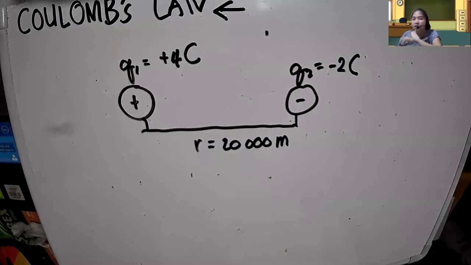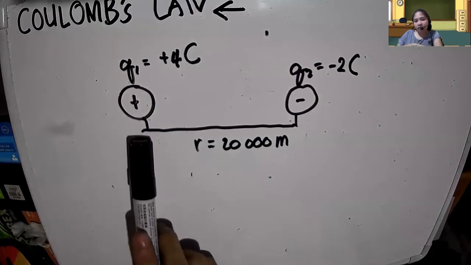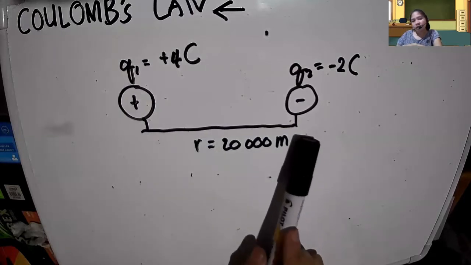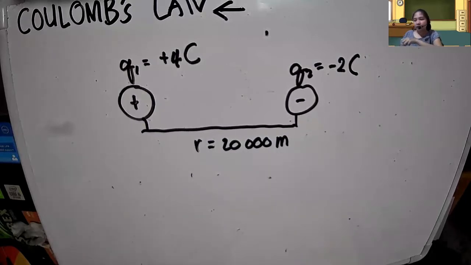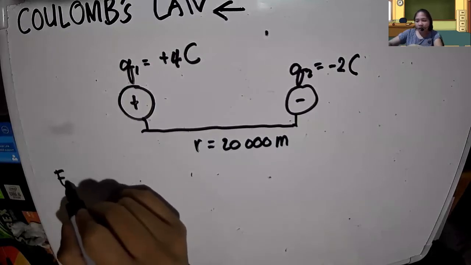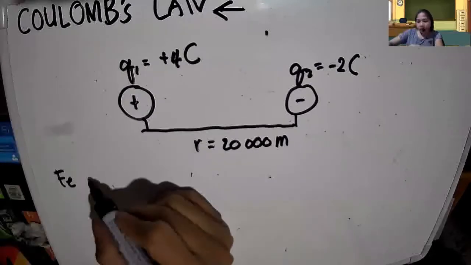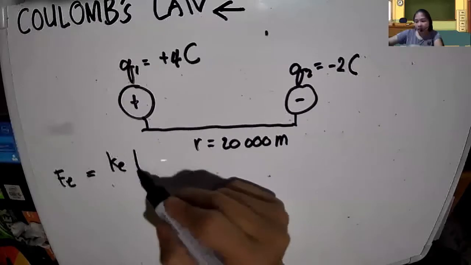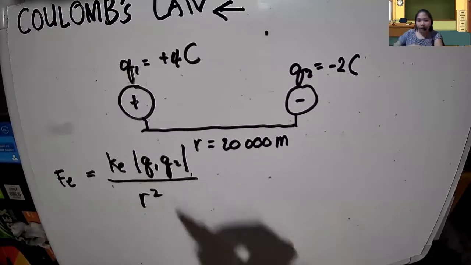So what is our electrostatic force here? What is the force experienced by object 1, exerted by object 2? What is the force experienced by object 2, exerted by object 1? They will feel exactly the same force. So Fe is equal to Ke times the absolute value of Q1 Q2 all over R squared.